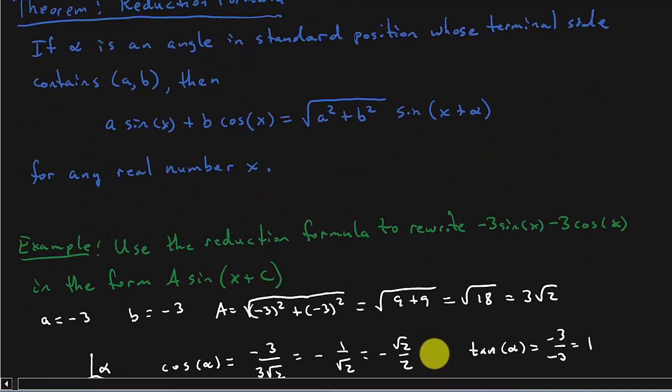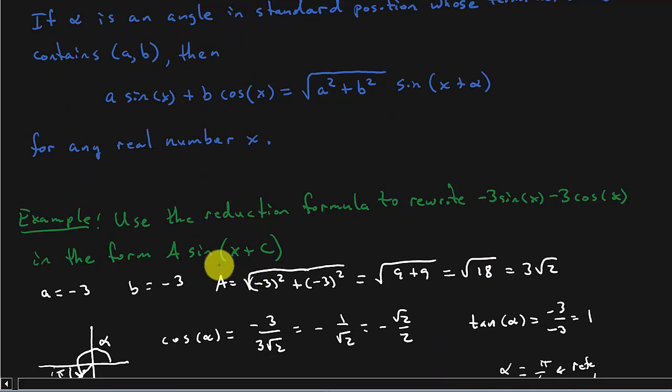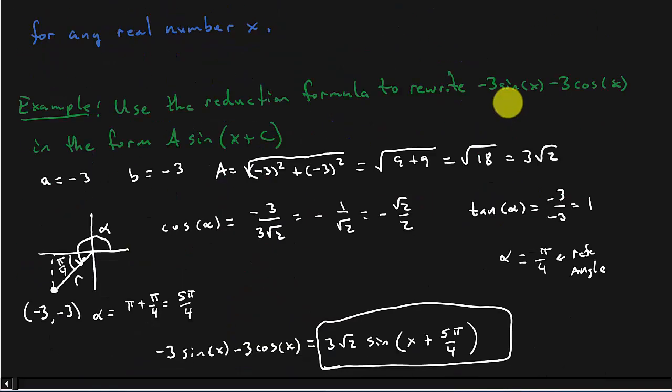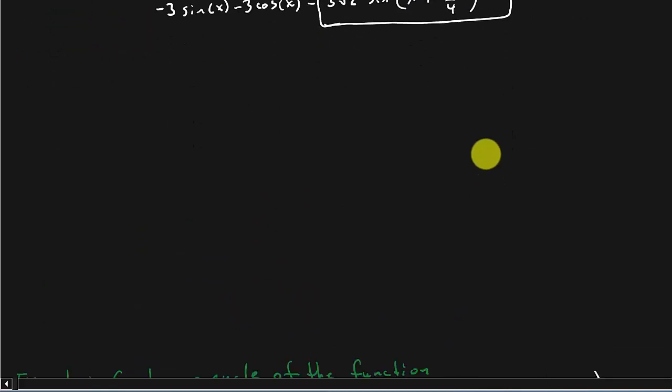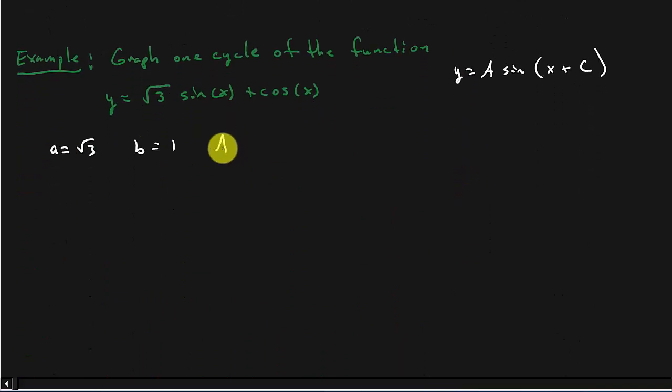This right here is your capital A, and this is what they're referring to as C. Just different variables they're using, that's it. And so we get A is equal to the square root of 3 squared plus 1 squared, and I believe that's 2. They gave us a nice number there.